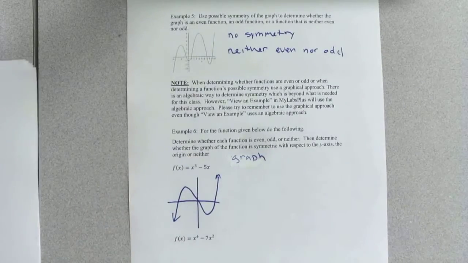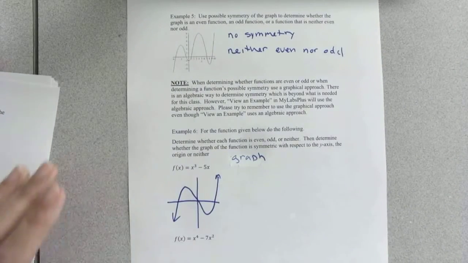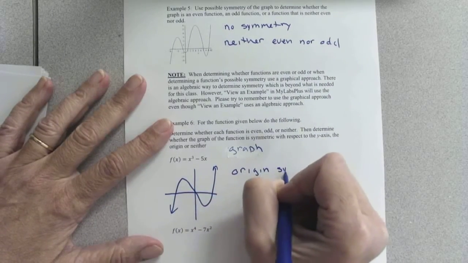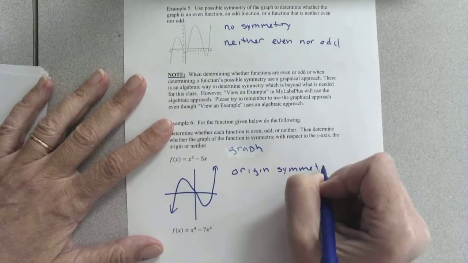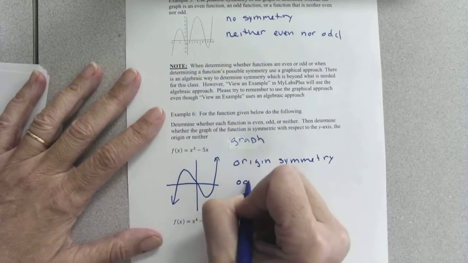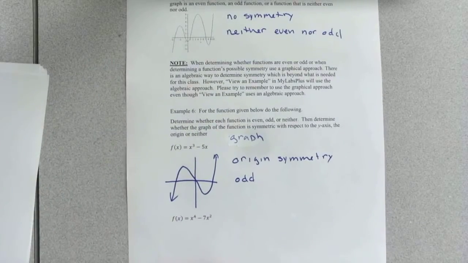That's a good enough picture. So I see from the picture that it has origin symmetry, and because it has origin symmetry, it has to be odd.